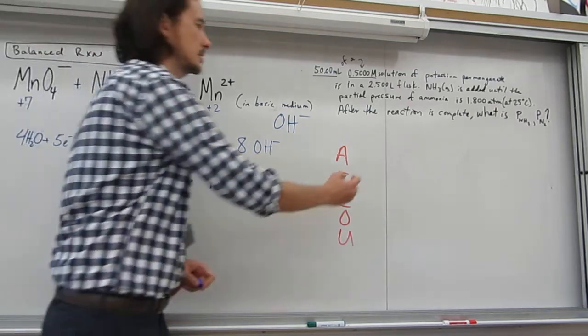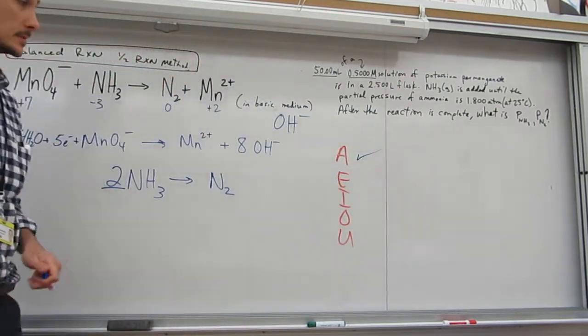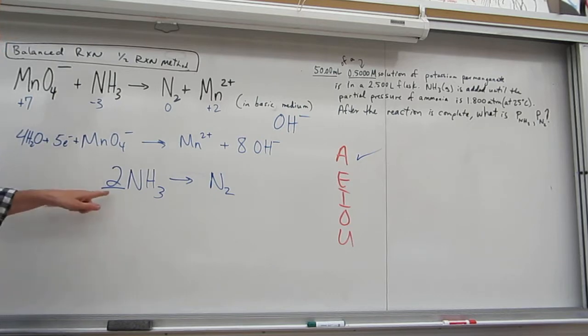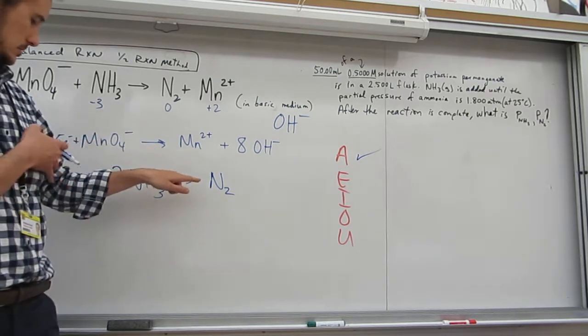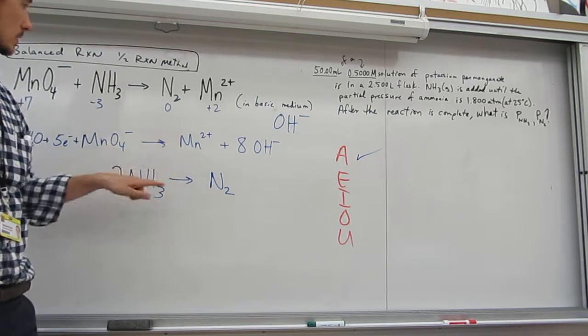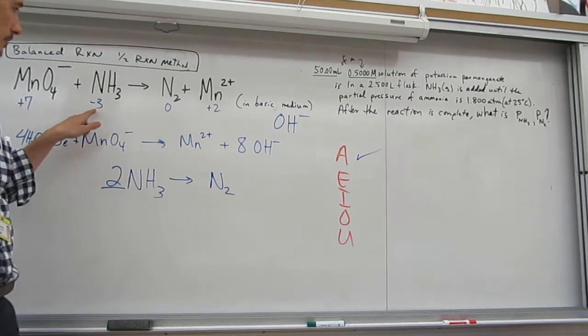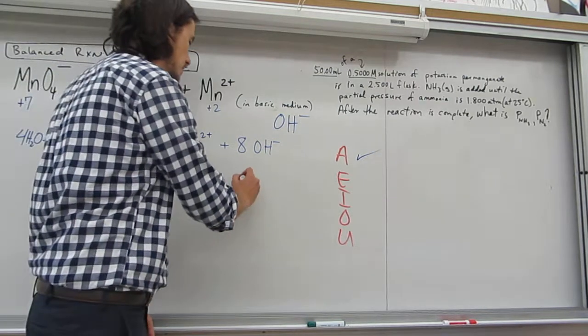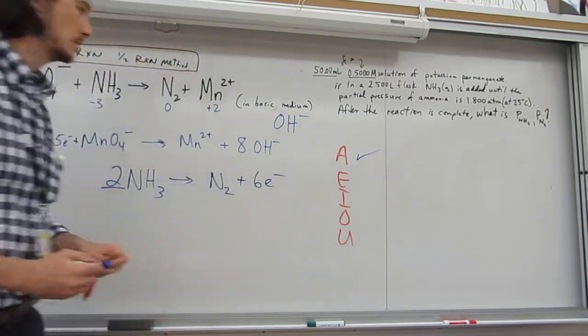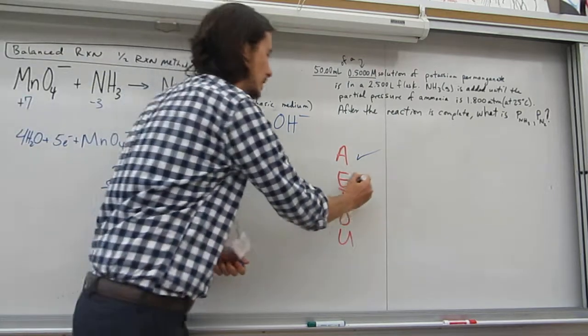That balances our atoms. Next is electrons. We have 2 nitrogen atoms going from -3 to 0, so 2 nitrogen atoms would give off 6 electrons. That takes care of our electrons.